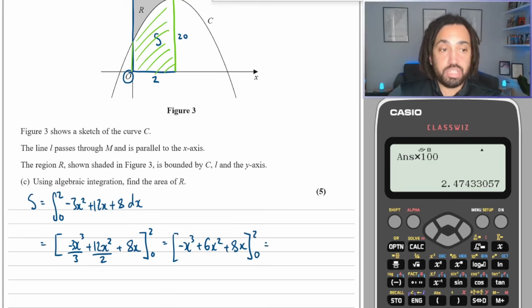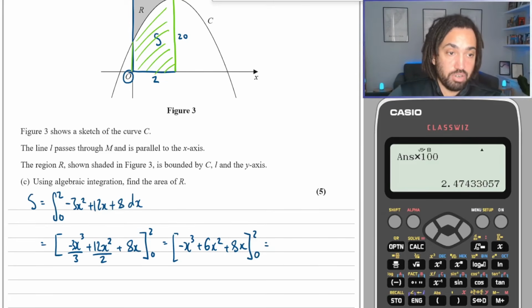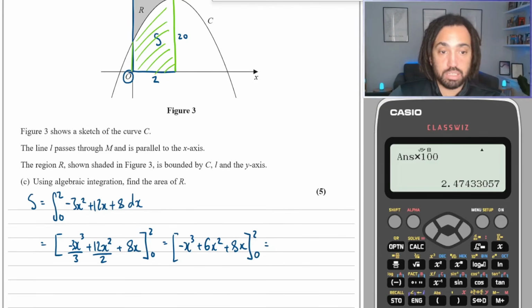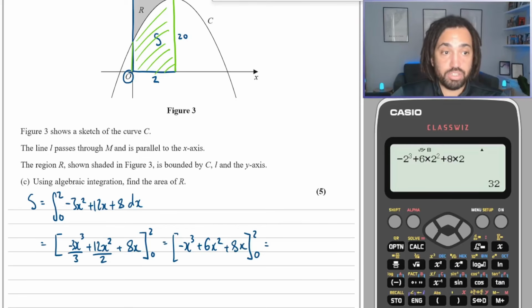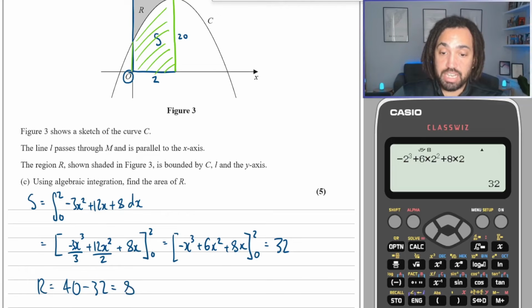I know when I sub in 0, I'm just going to get 0, so I only really need to do the 2 part. Subbing in 2 is going to give me 32. And then again, 0 is going to give you 0, so it's just 32. Okay, so we know S is 32, so we know R is our rectangle, which was 40, minus 32. So it is 8 units squared.